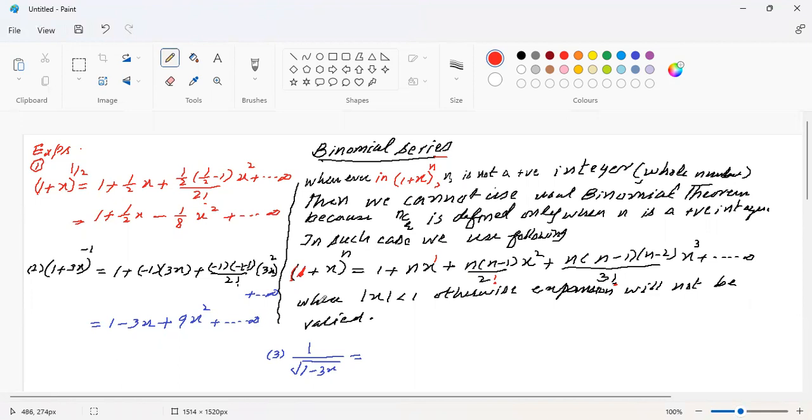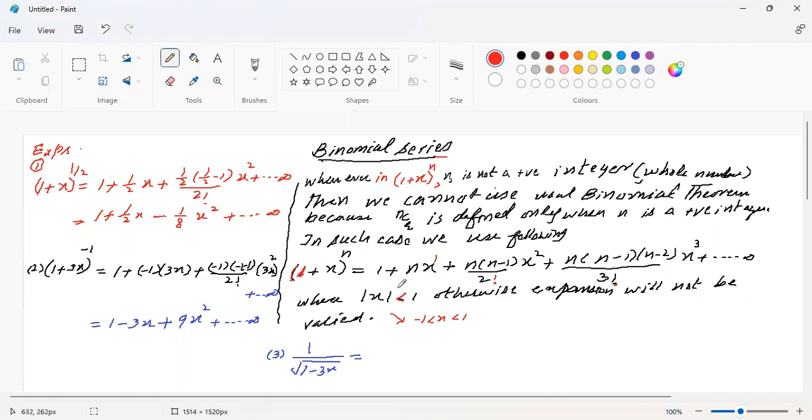And the third difference is that this term x always lies between 1 and minus 1, or you can say its absolute value is less than 1. Always keep this in mind, otherwise it will not be valid. This can also be written as x lying between minus 1 and 1. So this is the validity condition for the binomial series expansion.